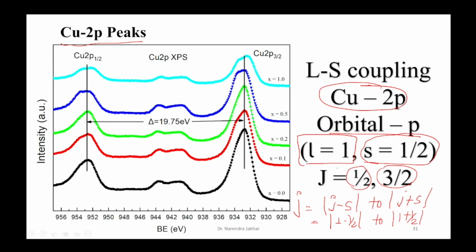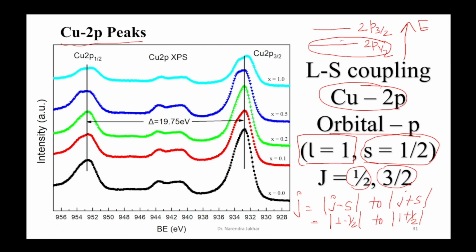This spin-orbit coupling, or spin-orbit interaction, leads us to two different peaks. Now if we draw the peaks in increasing order of energy, here is 2p 1/2, and here is 2p 3/2. So 2p 1/2 is more towards the nucleus side, and 2p 3/2 is further away from the nucleus.